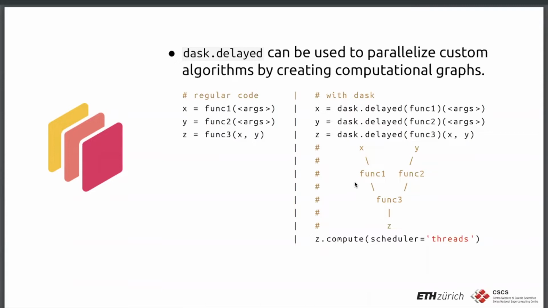These two can run in parallel since they don't depend on each other, and then this one will wait for these two results to be scheduled and executed. For instance, if this one takes more time than this one, it knows it has to wait, so it won't fail because the variables are not yet computed.